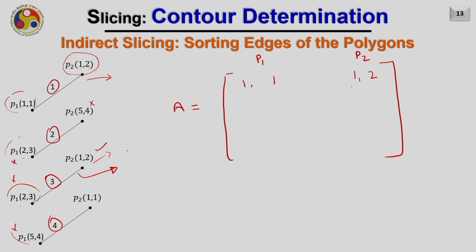Reverse manner means I am going to redefine this line and I will replace these points. Hence, the point P1 will now be 1, 2 and P2 will be 2, 3 for line number 3, and hence now I will put it here. Hence, this is 1, 2 and this is 2, 3.